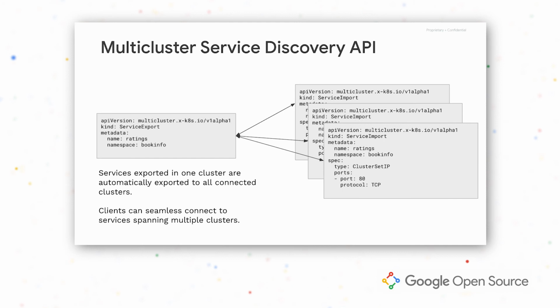And the magic happens from what is called a multi-cluster service discovery controller, which will read these exports and create service imports in all the joined clusters. Once this happens, DNS is set up, there are IPs reserved for it, and now clients can seamlessly call services across the whole cluster set.